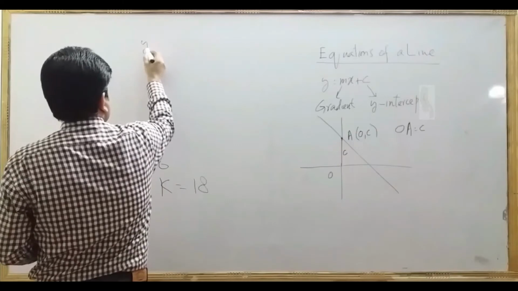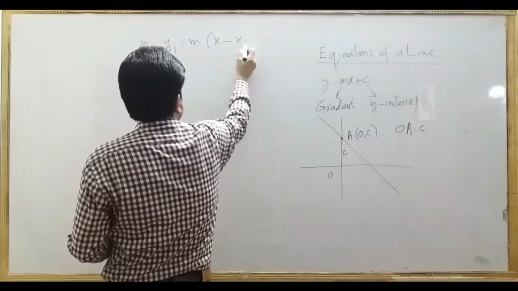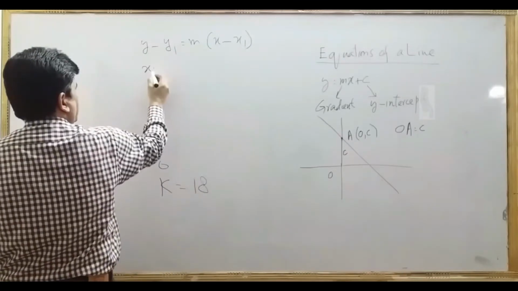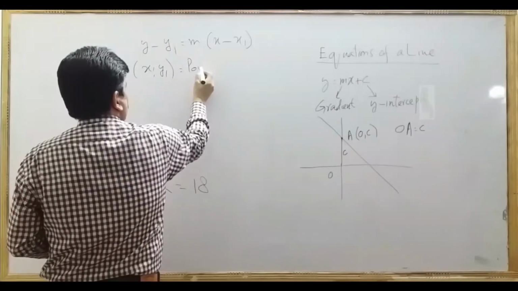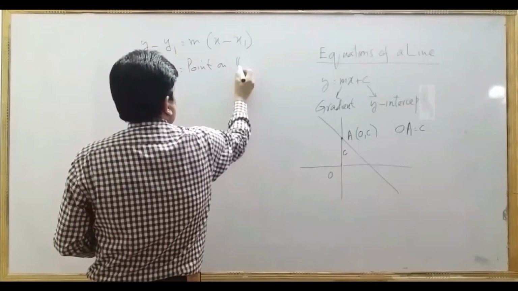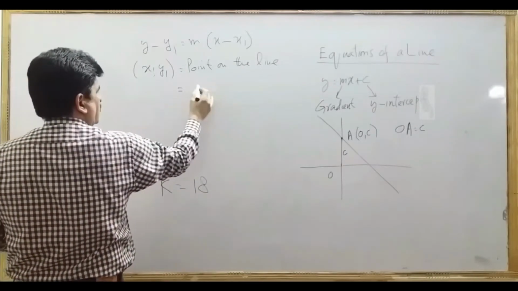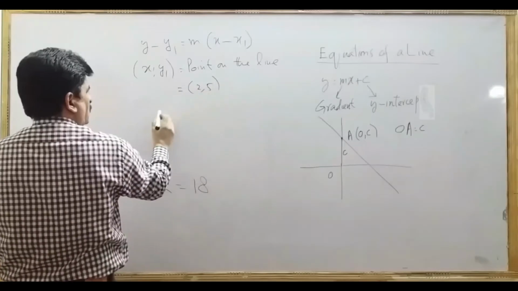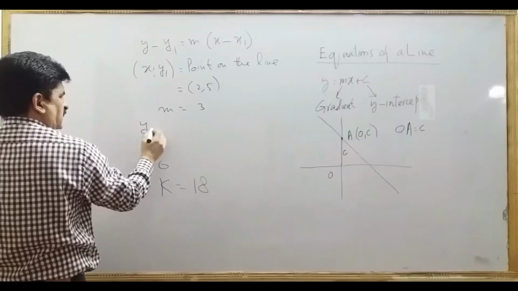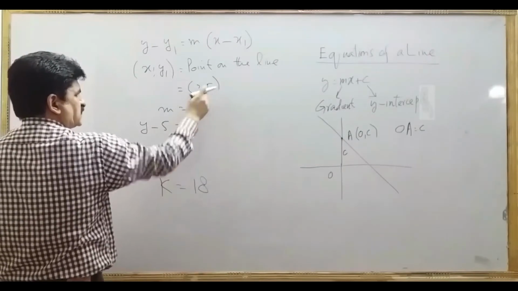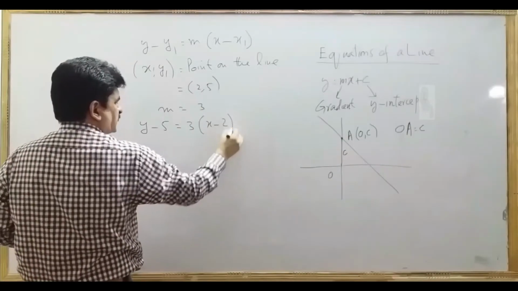Second formula is y minus y1 equal to m into x minus x1. Here what is x1, y1? It is point on the line. For example, if you are given (2, 5) and gradient is for example 3, the equation of line will be y minus y1, mean this, equal to m into x minus x1.